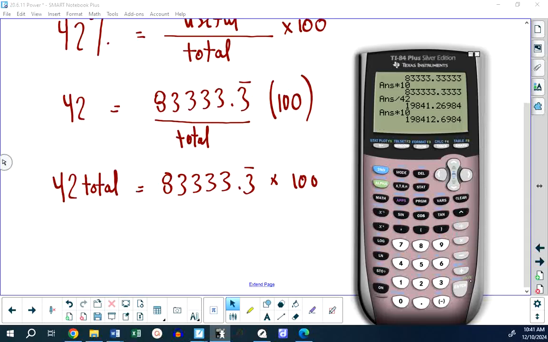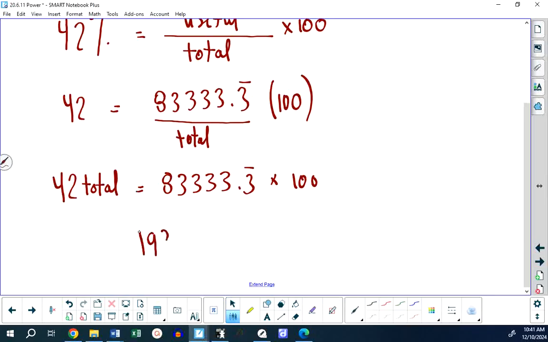Let's just confirm something. If it's 42% efficient, if I multiply this by 0.42, I should get the energy used. It's right. So it's 198,413 watts.